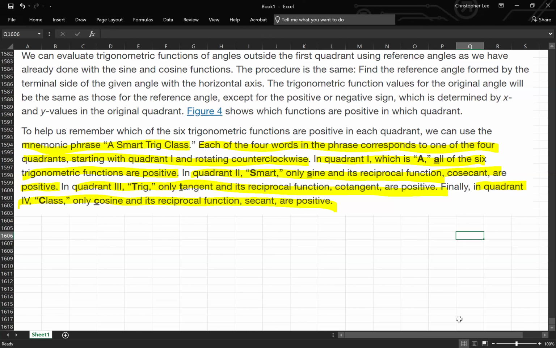In quadrant 3, trig, only tangent and its reciprocal function cotangent are positive. Finally, in quadrant 4, class, only cosine and its reciprocal function secant are positive. So remember that.